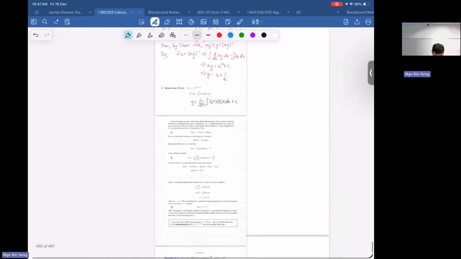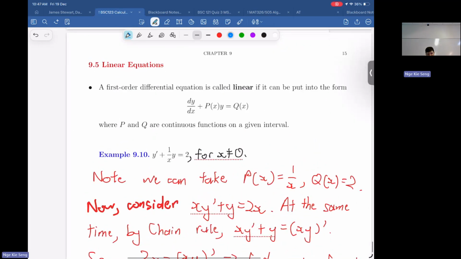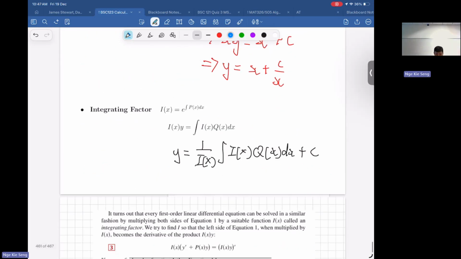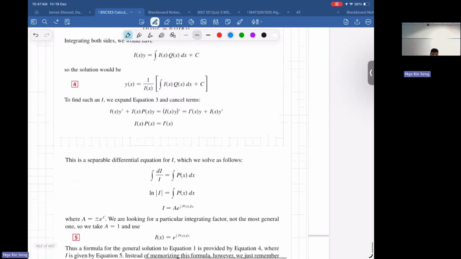And then I think this is the last thing, the linear equation here. I guess in this class you will only learn first order differential equations, which are linear. You will learn until this stage, first order linear.